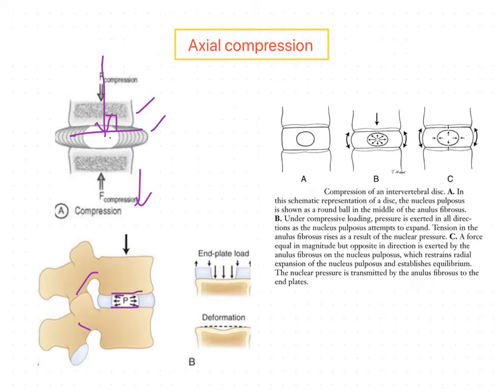Here you can find superior and inferior end plate of each vertebra. This is transmitted through the trabecular bone of the vertebral body and the cortical shell. So here at the periphery we can find the trabecular bone and the cortical shell.